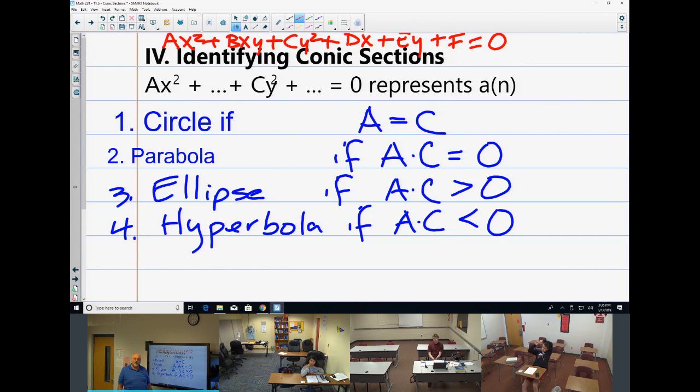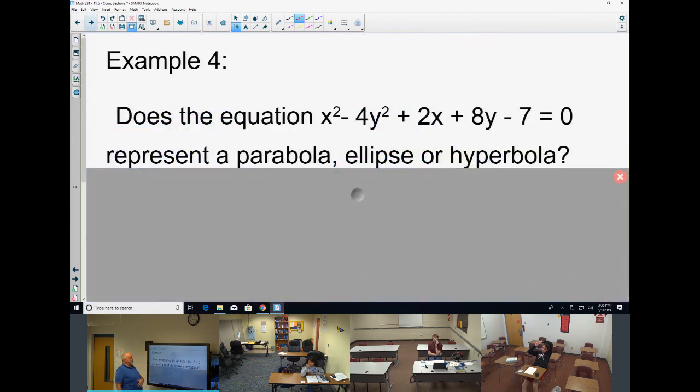Okay? So then to do this, you just say, okay, what conic section does this represent? All right, so you just look at these two squared terms. They're not equal, so it's not a circle. You have both square terms, so it's not a parabola.